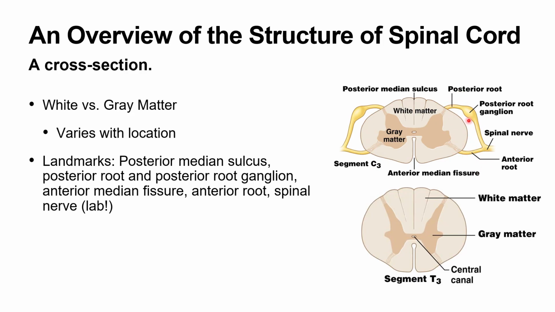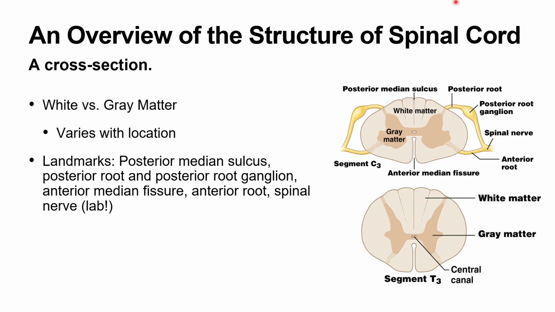And then on the posterior side, we see an enlargement on the nerve root that we call the posterior root ganglion. A ganglion is a portion in the peripheral nervous system through which we see a collection of cell bodies. So this is an area through which the posterior signals will synapse with each other.